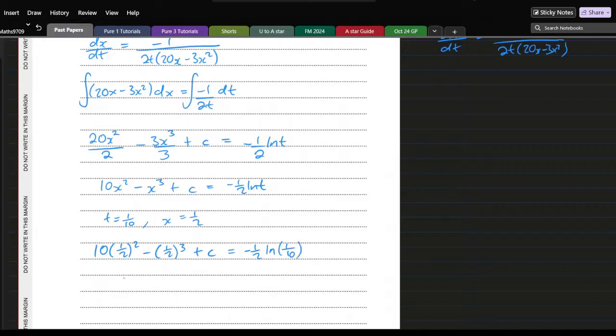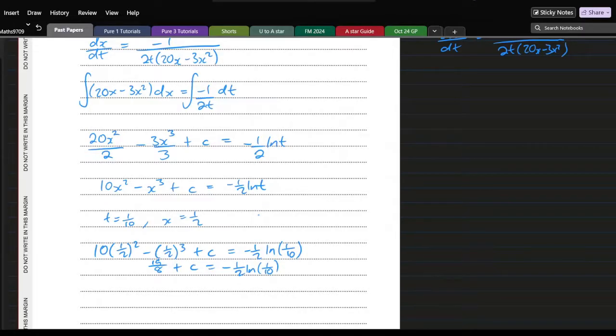Alright, so on the left hand side we've got 10 times 1 over 2 squared minus 1 over 2 cubed, which is 19 over 8, plus c is equal to negative 1 over 2 ln 1 over 10.